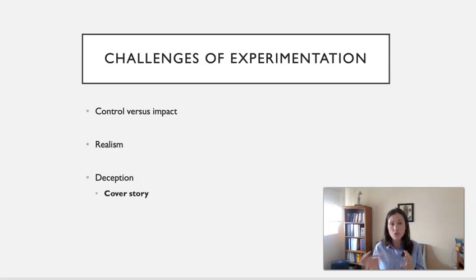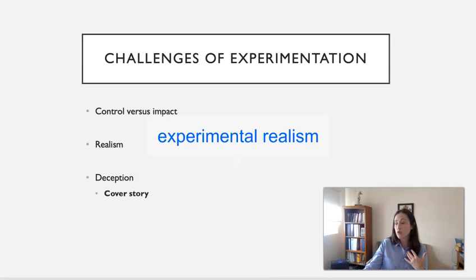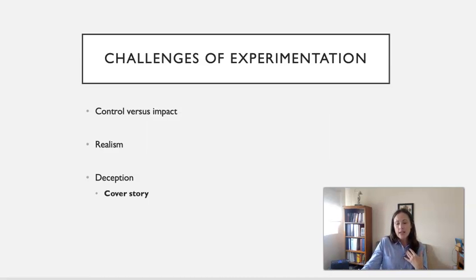And this connects with realism. If an experiment has an impact on a participant, it really forces them to take it seriously and involves them in the procedures. When this happens, we say you have experimental realism. And in the lab experiment, if it's similar to events that frequently happen to people in the outside world, then we say you have mundane realism.